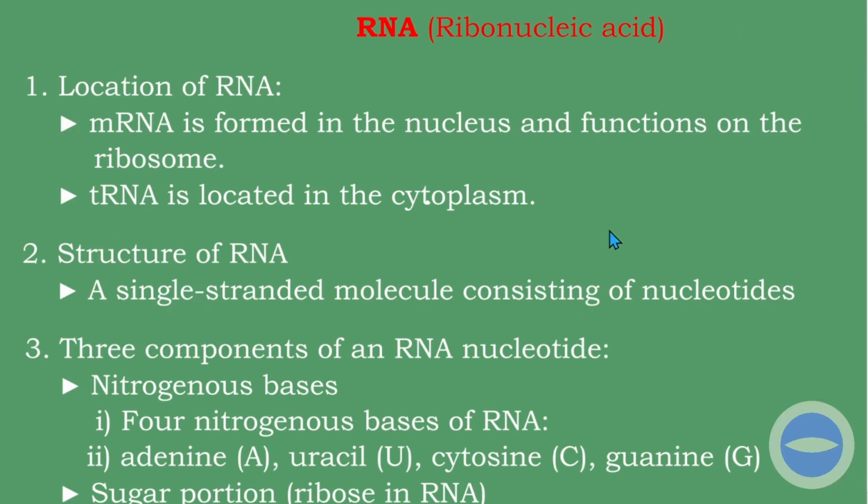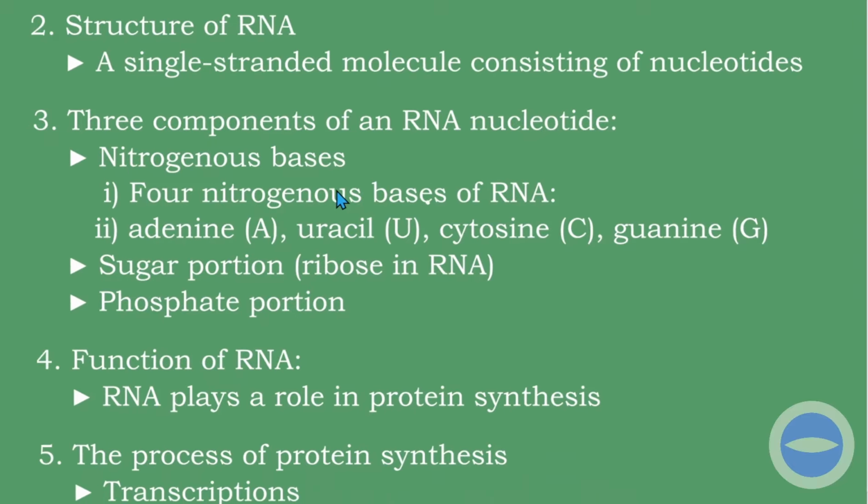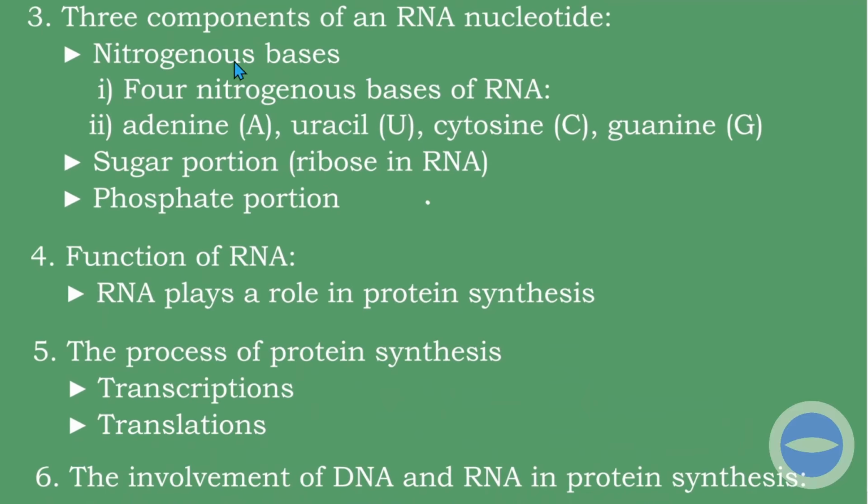Okay. And then we go to number 3, three components of an RNA nucleotide. So I've just explained them. The components of a nucleotide: we've got nitrogenous bases, we've got the sugar portion, which we call ribose sugar, and then we've got the phosphate portion. So nitrogenous bases of an RNA, there is a small difference from DNA.